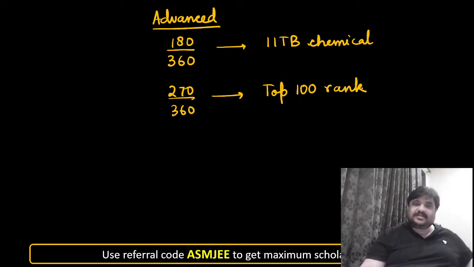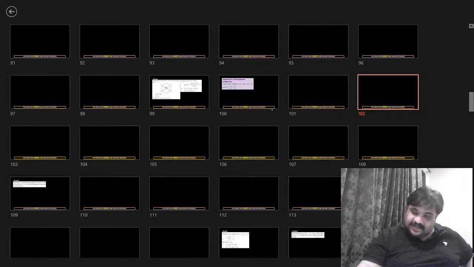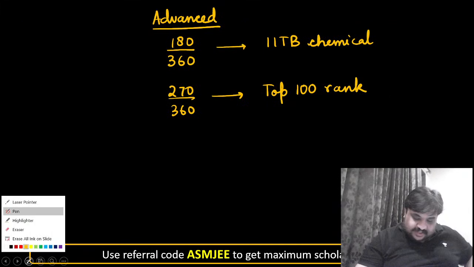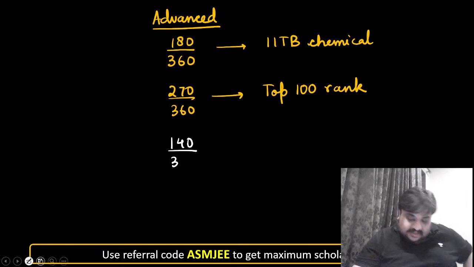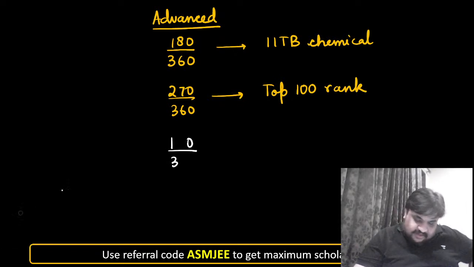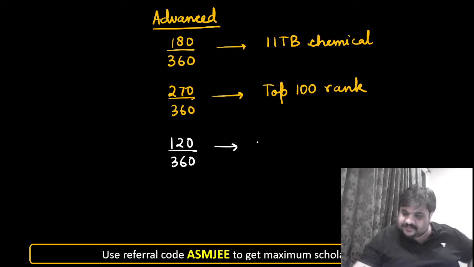So have some realistic target. You want an IITian tag? So 40% is 140 marks out of 360. No, even lesser than that. Actually 120, probably around 120, you can check this data, will make you an IITian. It can be a pseudo IITian.